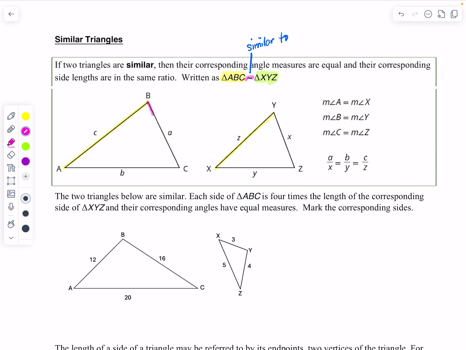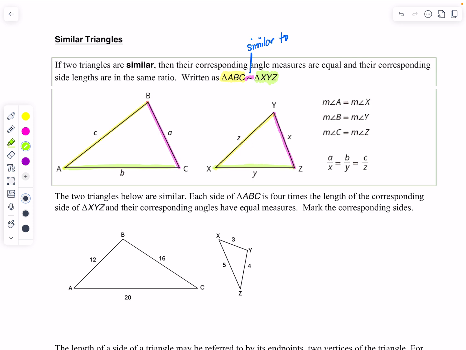So side BC, which is also called A, is similar to YZ, which we're calling X in this case, okay? And finally, we can look at the last letter of ABC, which is C, and it wraps around to A. So AC is going to be similar to, I look at the last letter Z and wrap around to X, XZ, okay? All right, so side B is similar to Y.